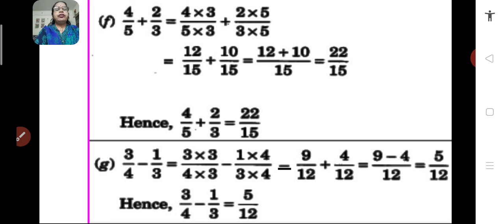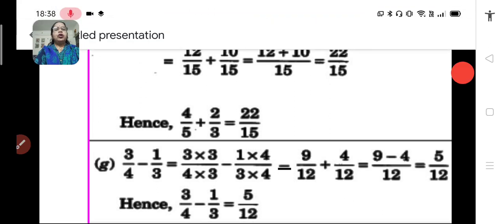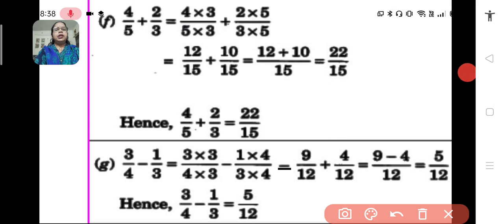Problem number F, 4 upon 5 plus 2 upon 3. So, again the same thing, we can just multiply the denominators to get the LCM. So, we will multiply 4 upon 5 by 3 and 2 upon 3 by 5. This we have done here. So, what do we get?